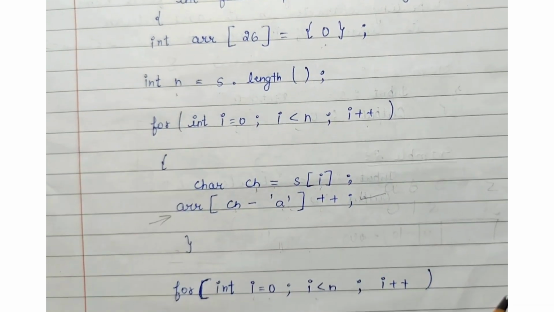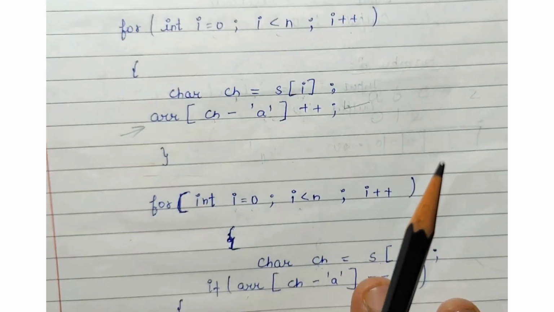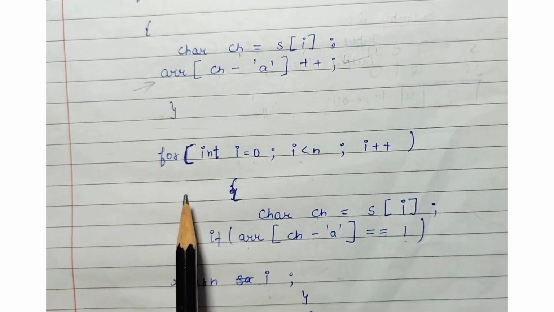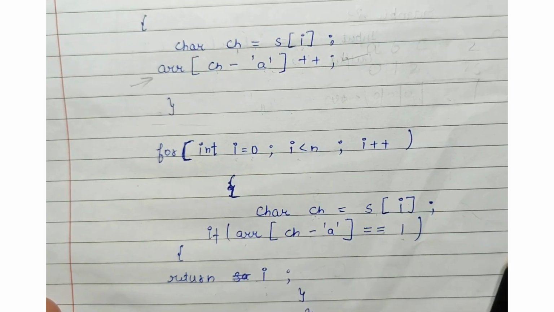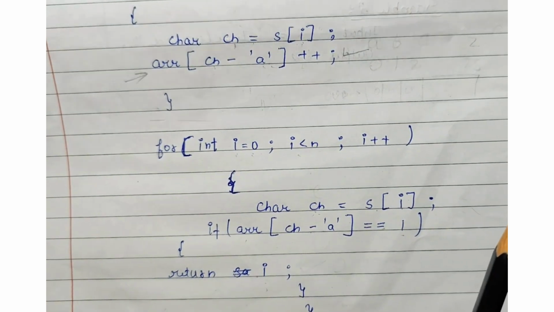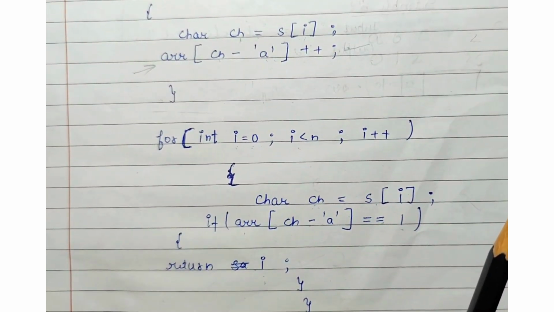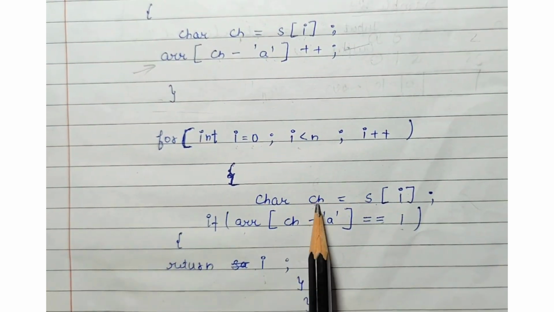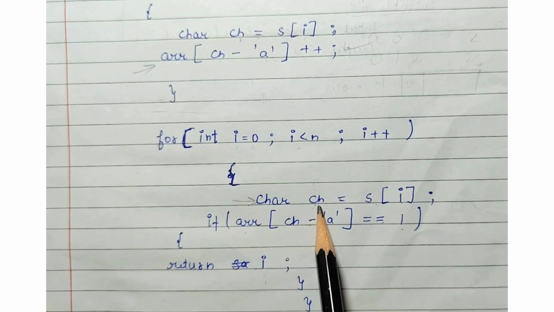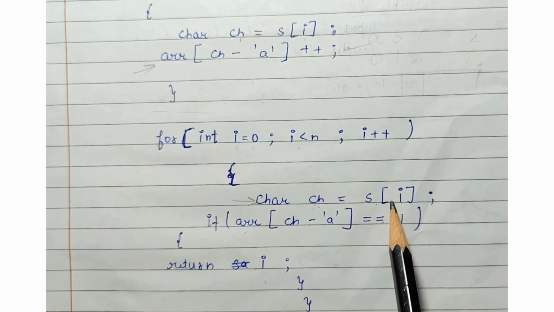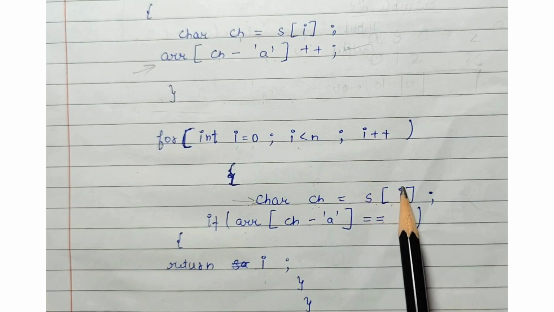And after this we again traverse the string. Again we implement the same for loop. I is equal to 0, I less than n, I plus plus, and here again we traverse the string. Why do I write this statement? I write char ch is equal to s of I because we want to traverse this string character by character.